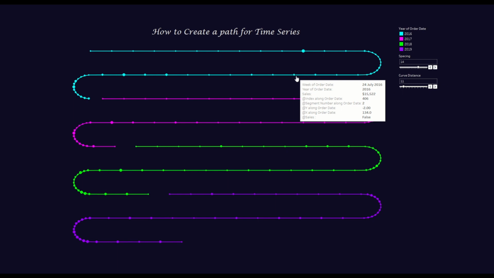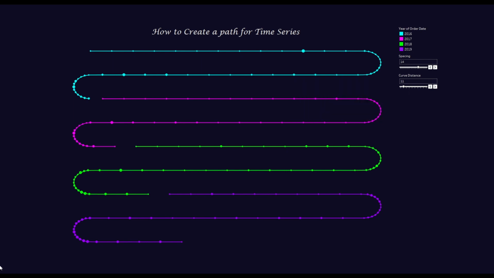On the 4th row, it says 406, and the segment number is 406 divided by 180, which is 2. We are keeping it as an integer value, so it rounds down. So if 400 divided by 180 is 2 point something, it will give us a value 2. That way, each of these segments can be calculated automatically.